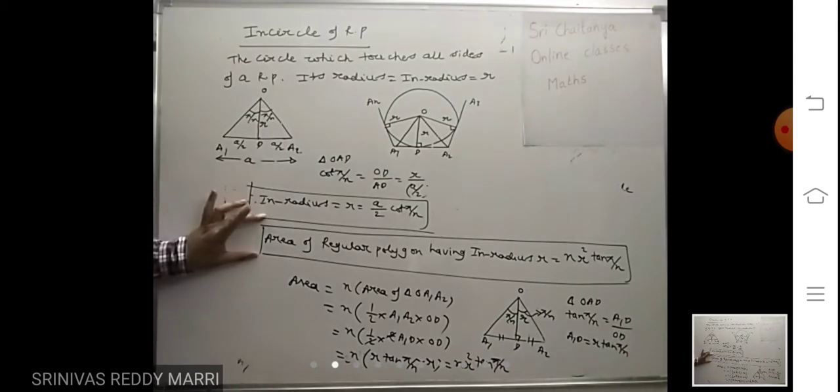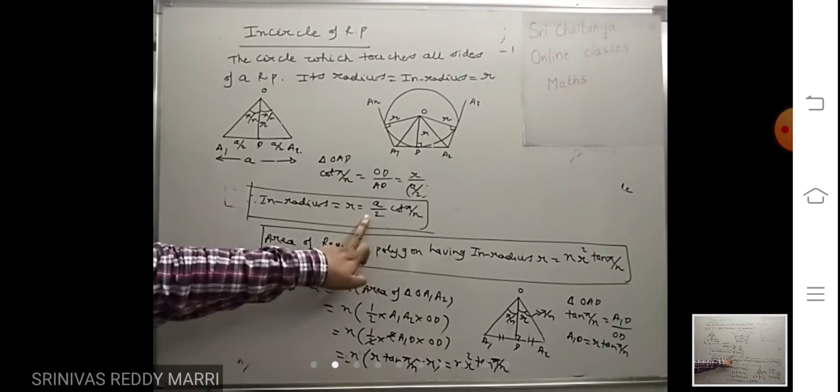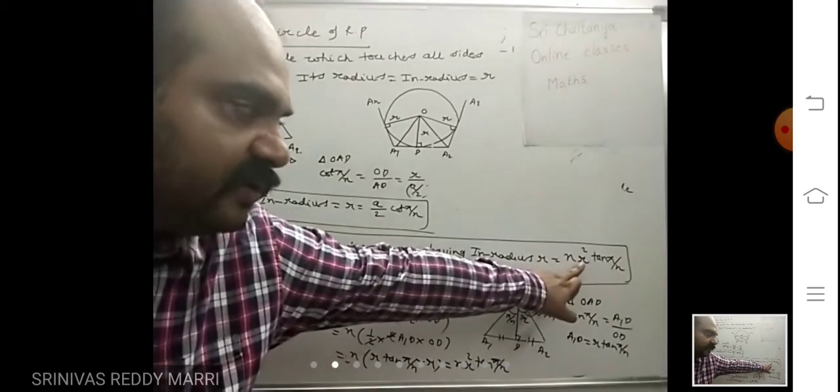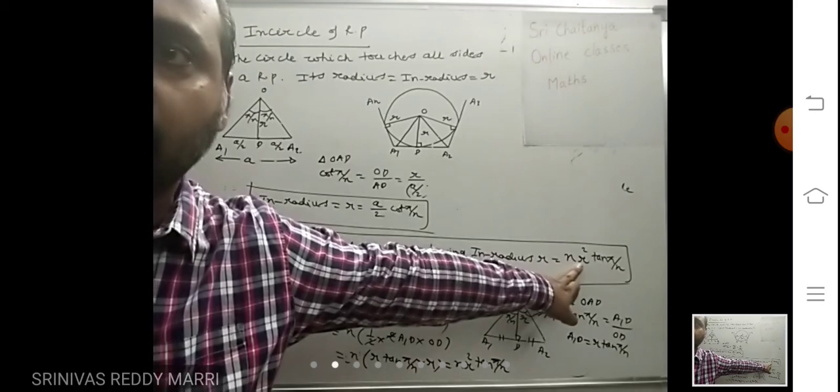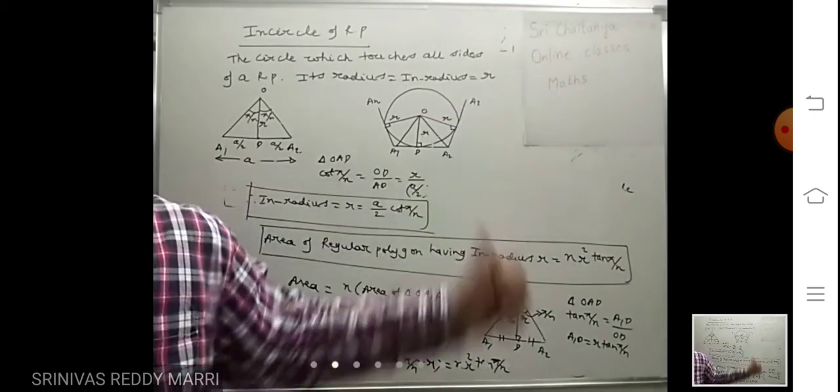This is the formula. If the inner circle radius, small r, is known, use this formula to calculate the area of the polygon. If the outer circle radius is known, use the previous formula.